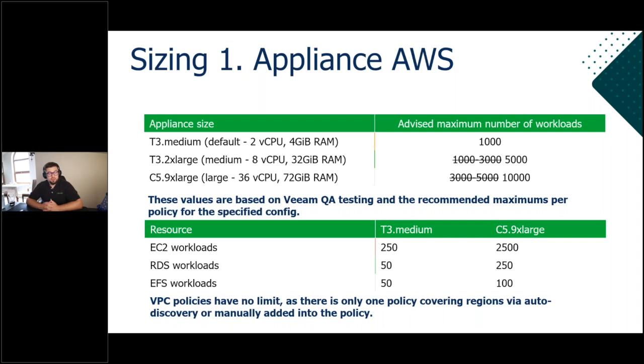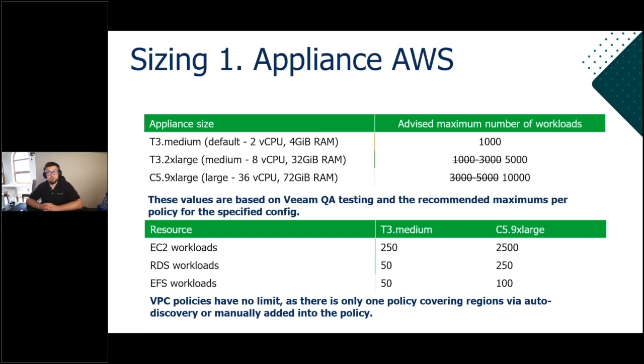And resources. So EC2 workloads, 250 can be added within the smallest appliance, and with C5 9X large, you can protect up to 2,500 EC2 workloads. There is also accounts number, so you can add accounts into the control plane just for management maybe purposes, or different accounts from your tenants.